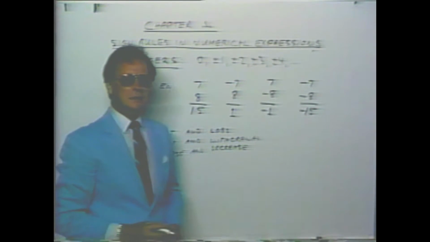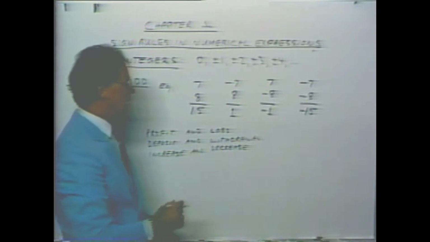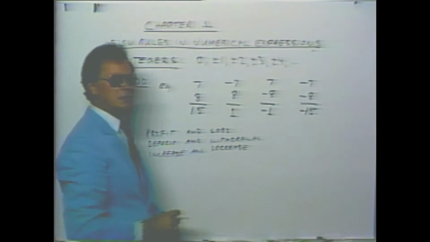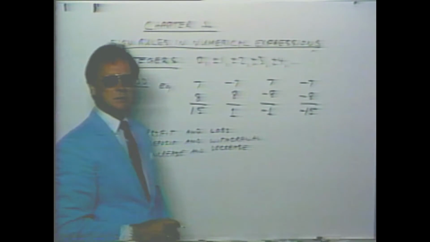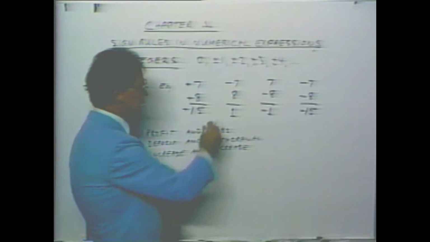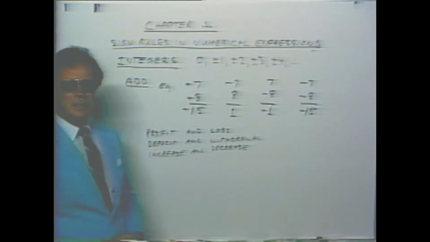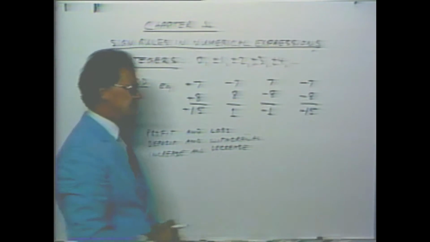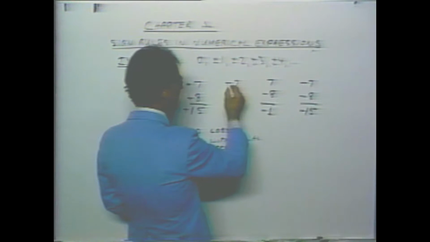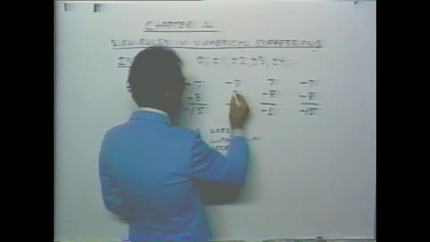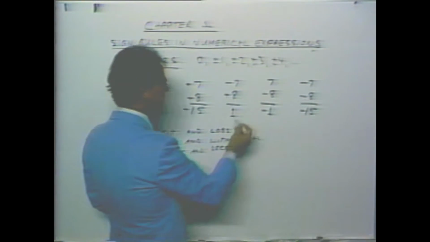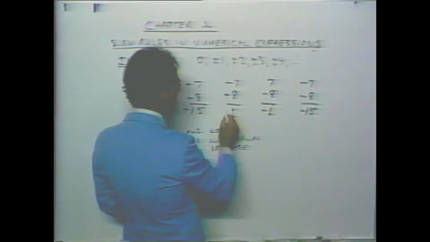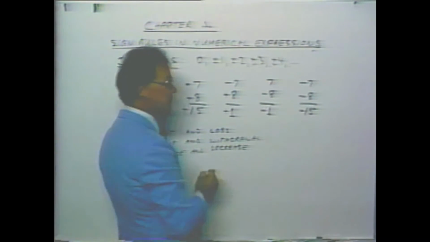If there is a gain or an increase of plus 8 degrees, then the new temperature is plus 15 degrees. In the next example, if we begin with the temperature equal to minus 7 degrees, and the temperature goes up 8, then the temperature is equal to plus 1.